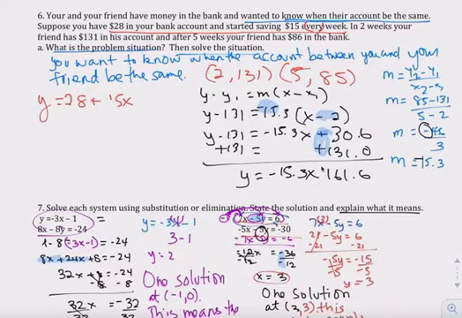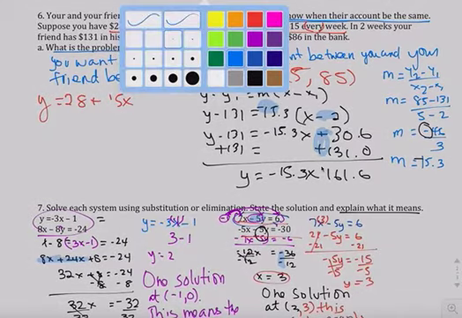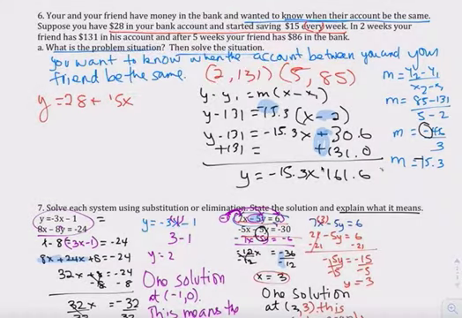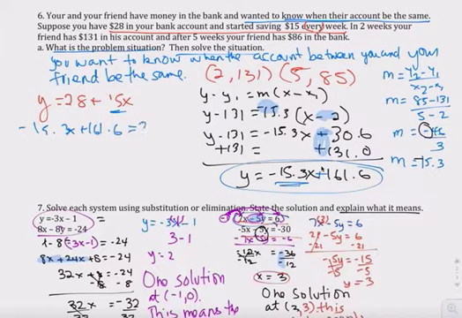Okay. And then you need to use substitution. This is quite a bit of work. They will meet because the y-intercept is different. So you use substitution, negative 15.3x plus 161.6 equals 28 plus 15x.